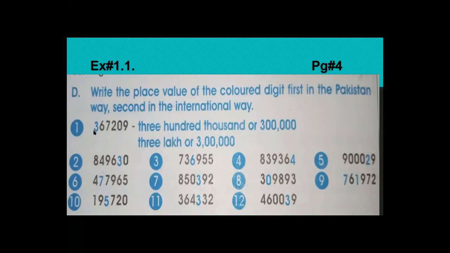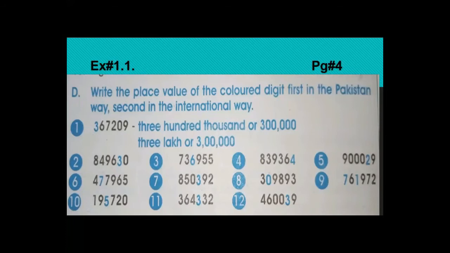Look here. Start reading from the right side. Units, tens, 100, 1000, 10,000 and lakhs. In Pakistani we count lakh, and in international we count 100,000. Here they ask that you write in both ways, the Pakistani way and the international way. So first of all we will start writing in the international way.